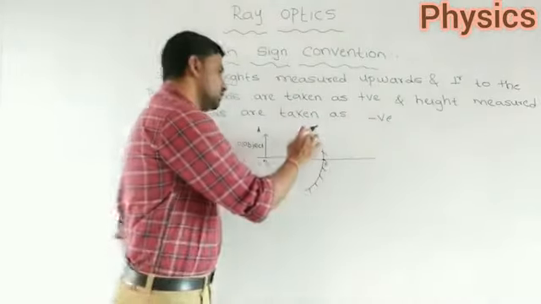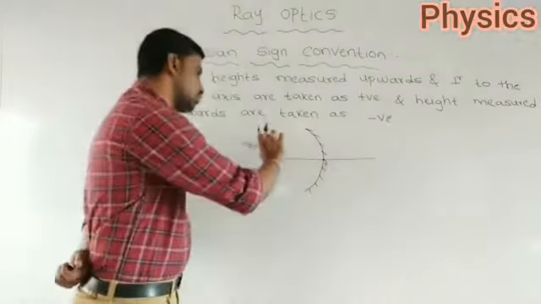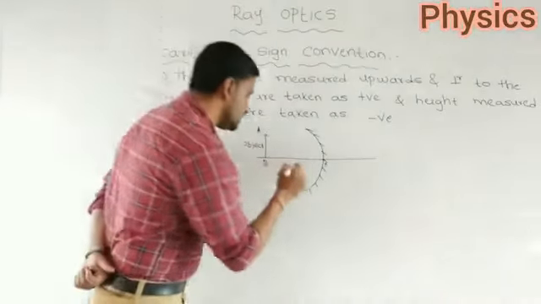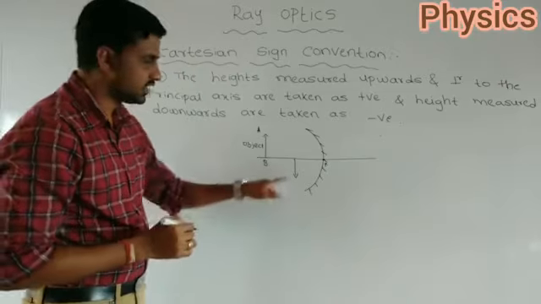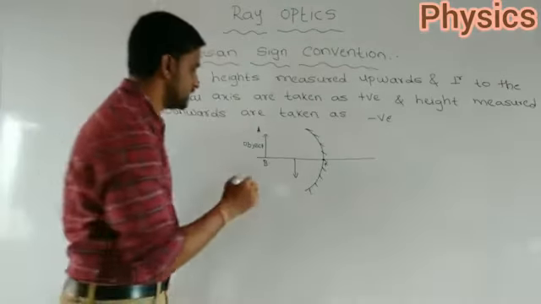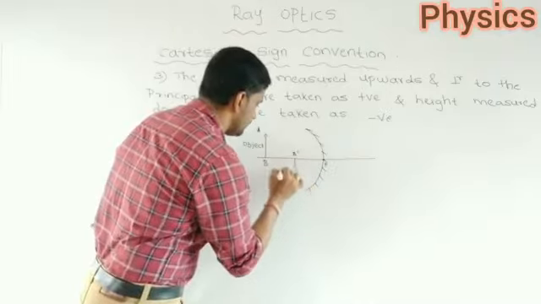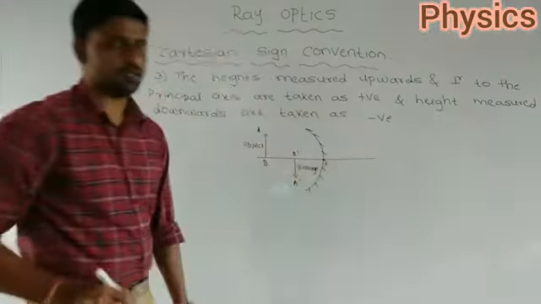After hitting the reflecting surface, I am getting the image of this object. Suppose the image is like this. Assume that this is an image of this object AB, and I am taking this image as A dash B dash.